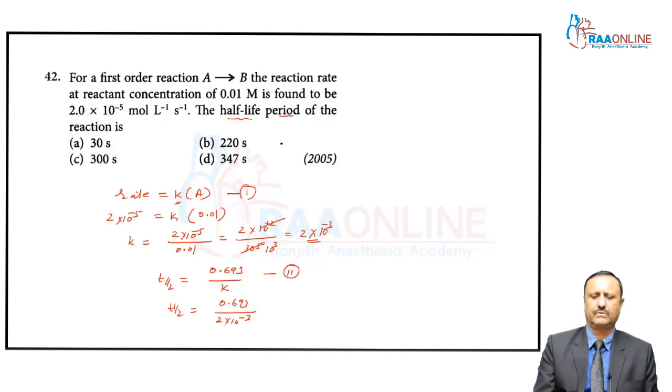When you put the 2 into 10 to the minus 3 and divide, it means 693 divided by 2, because the 10 to the power 3 are cancelled with each other, and you can get 693 upon 2. 3 to the 6, 3 4 the 8, 13, and 3 7 the 7 to the 14.